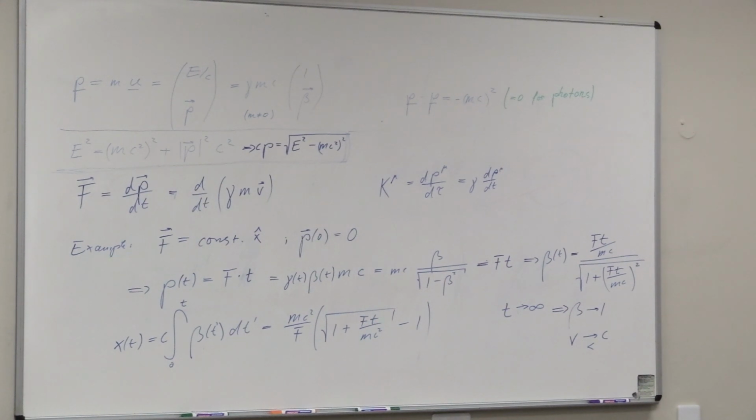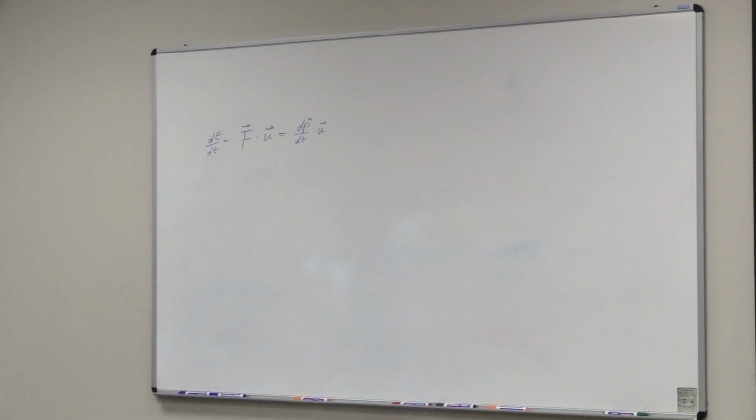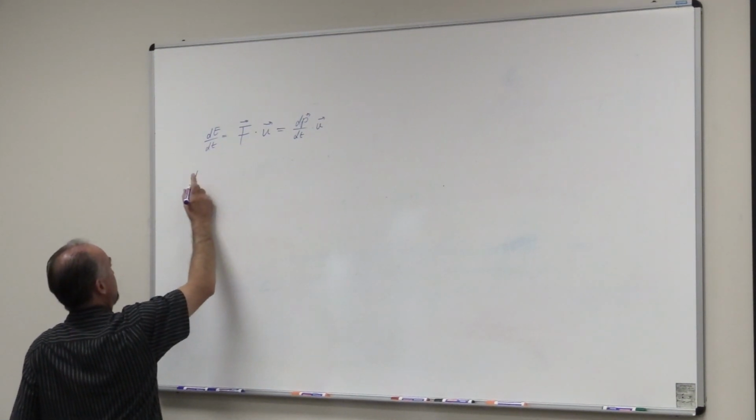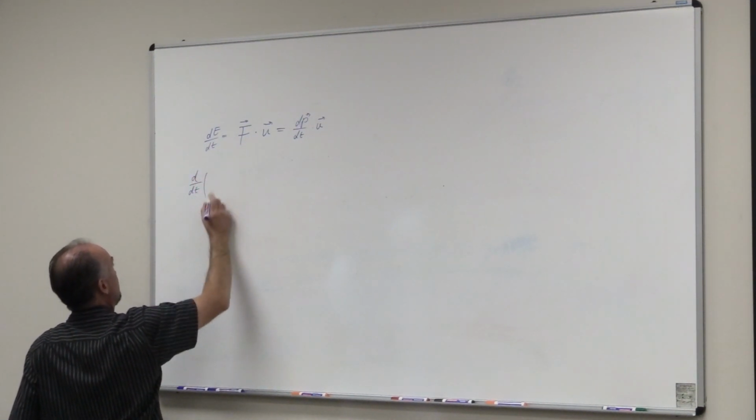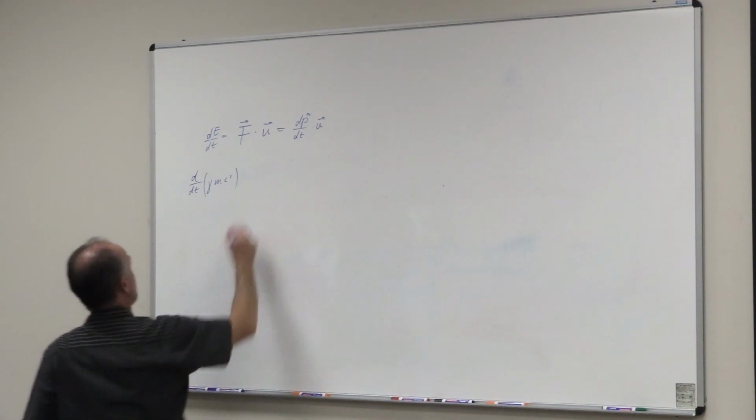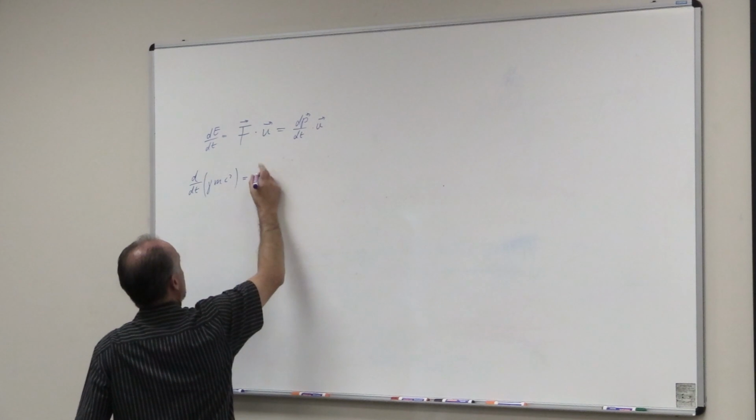Let's see if that still makes sense if we do this relativistically. On the left-hand side, if we have energy, this would be d over dt of gamma mc squared, right?